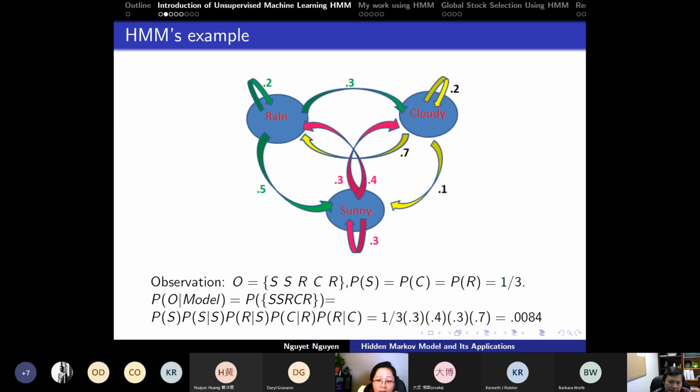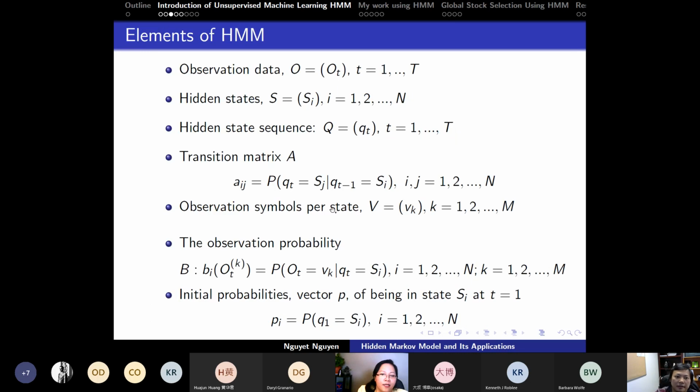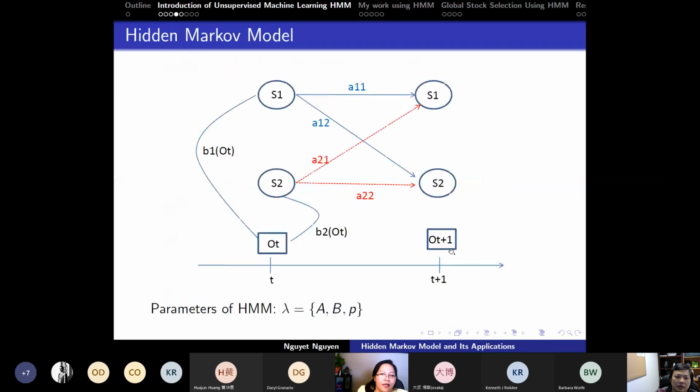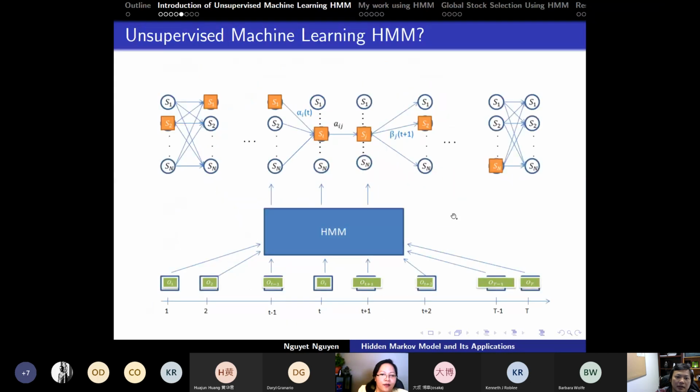If you have more observations, the probability is really, really small. So behind this model, there are many other techniques we need to use, like scaling techniques to avoid too small numbers, because computers will not accept very small or very big numbers. So we need to scale to make the computer work for you. So yeah, it's really complicated. I only introduce some notation here, I don't introduce the whole algorithm.